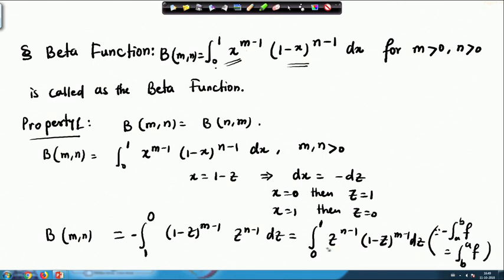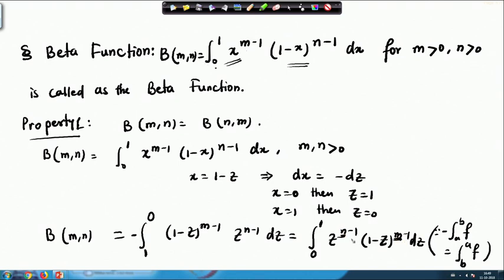And if you look at the definition of the beta function, instead of x we have z, and instead of m we have n, instead of n we have m. z is basically a variable, so it does not matter whether we use x or z. However, you can see that instead of m we have n, and instead of n we have m.